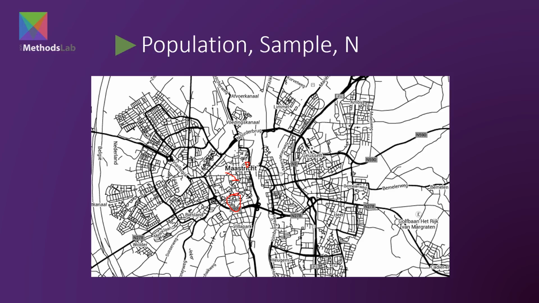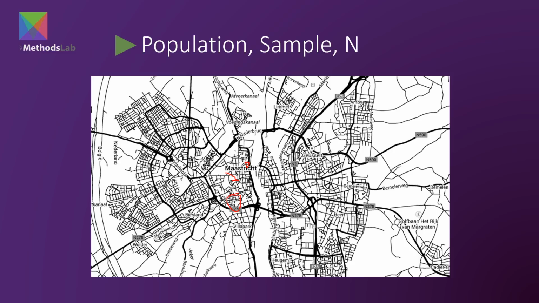Population, of course, we all know the word population as referring to, for example, the population of a country or a city. But population in statistics means the group of things or people that you want to generalize things to. So in this instance, the population of Maastricht is also the population in statistical terms. But that means every single person in Maastricht in this example.